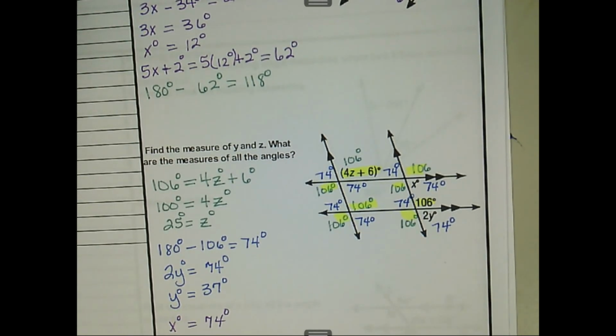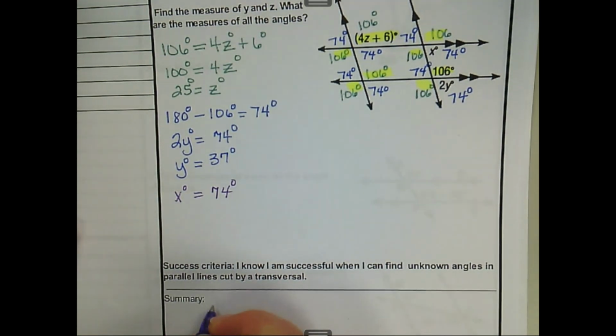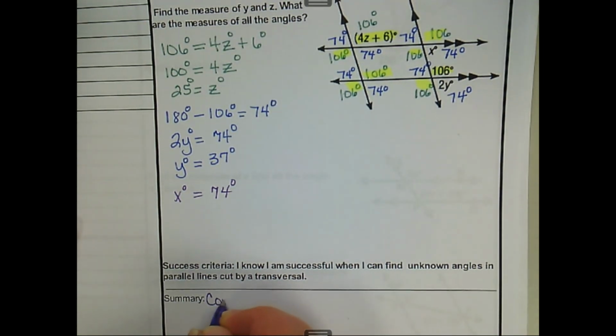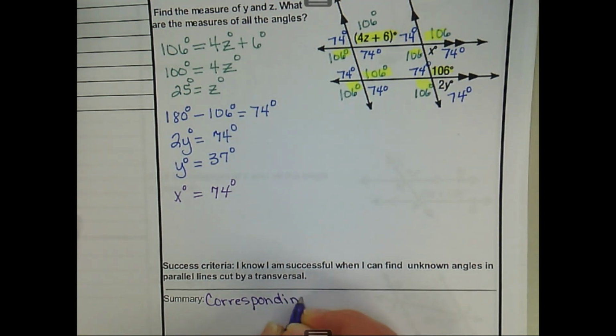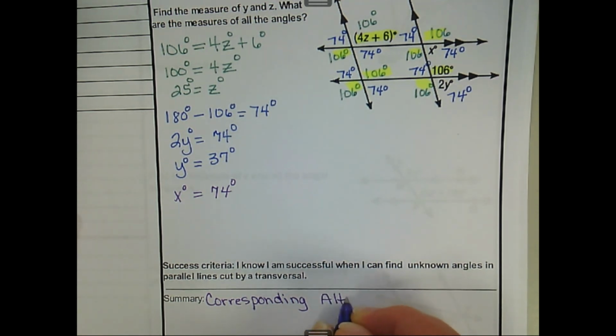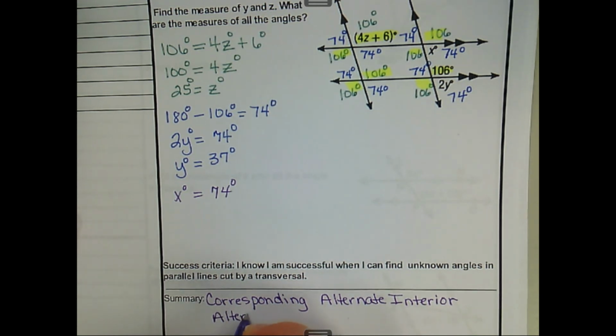Now, I know I'm successful when I can find unknown angles in parallel lines cut by a transversal. Remember, the sets that are congruent: corresponding, alternate interior, and alternate exterior are all congruent.